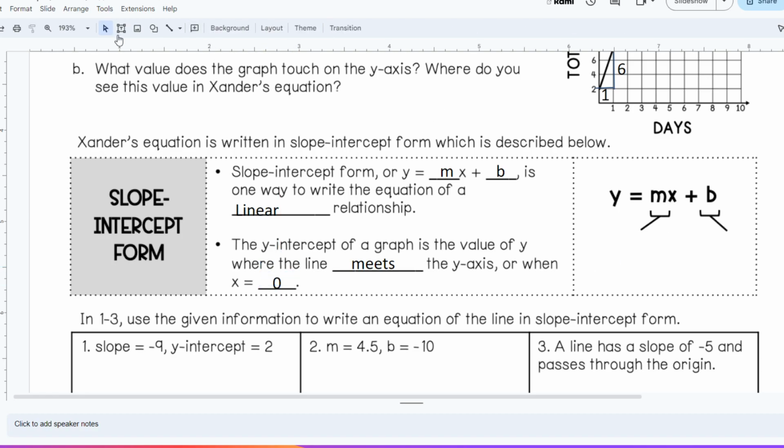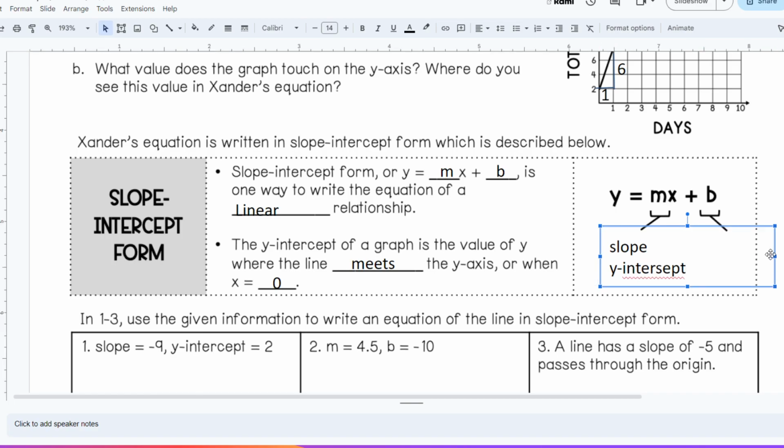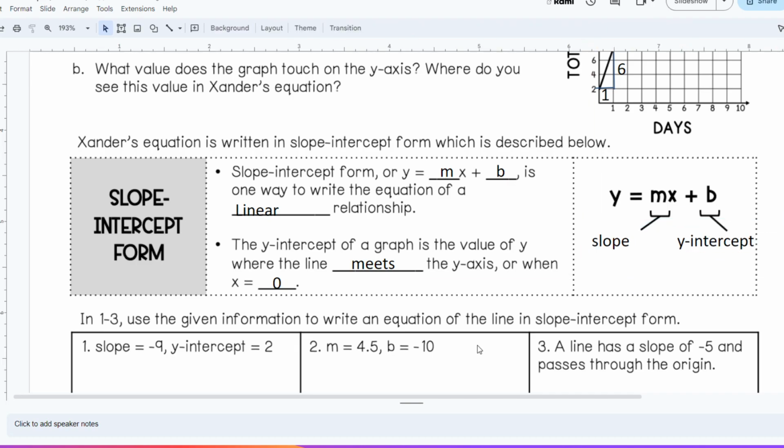Pretty easy so far. The m value is the slope, and this is the y-intercept.